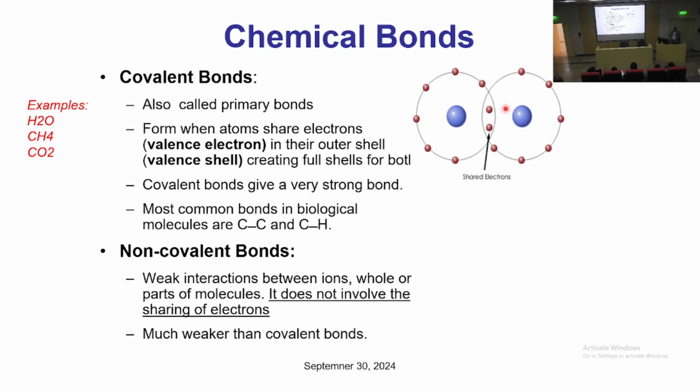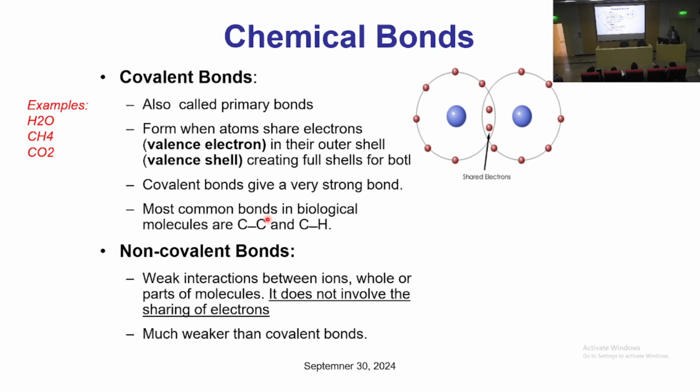The most common bonds in biological systems are either the carbon-carbon bond, because in our body the most available atom is carbon, or carbon-hydrogen. So either carbonyl or methyl bond. These are the most common covalent bonds we have in the body.